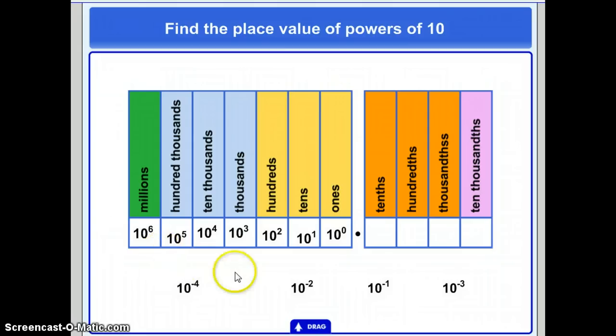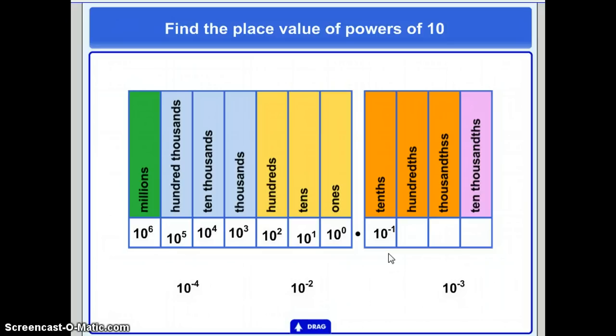Then we talked about the fact that whenever we have negative exponents, that's telling us that we are dealing with a decimal or a fraction. We were dealing with numbers that are between 0 and 1. So the tenths place is simply 1 over 10, or 1/10, because when we rewrite 10 to the negative first power, we take the reciprocal.